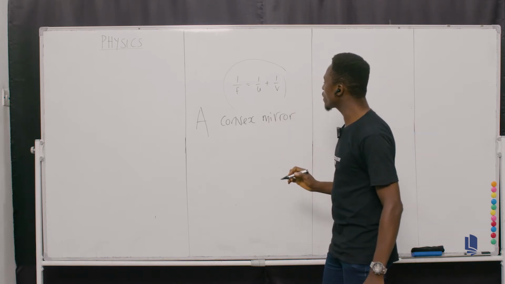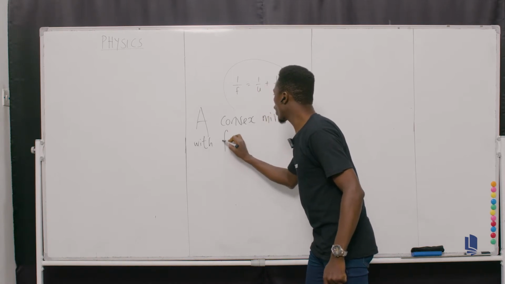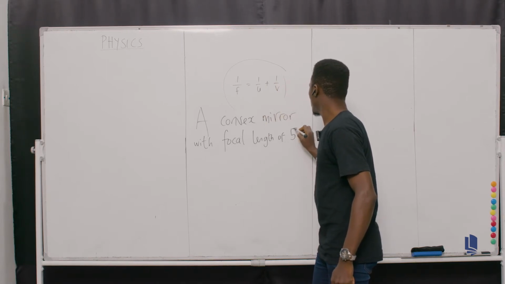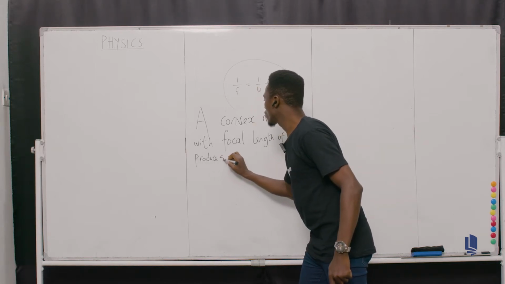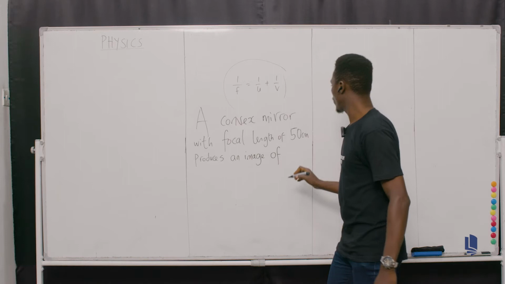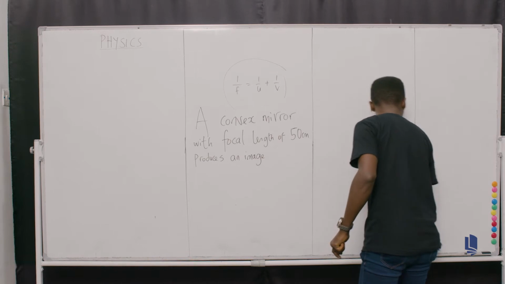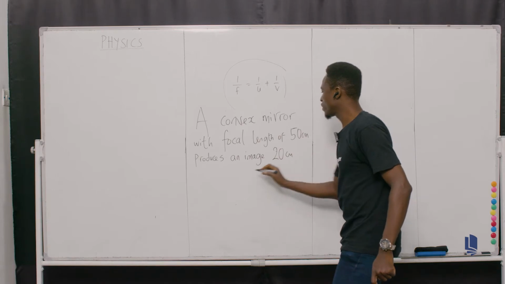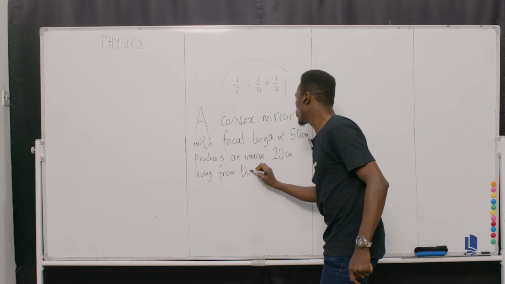So here it is. A convex mirror with focal length of 50 centimeter produces an image of 20 centimeter away from the mirror.